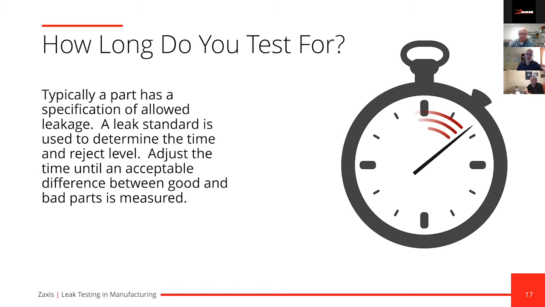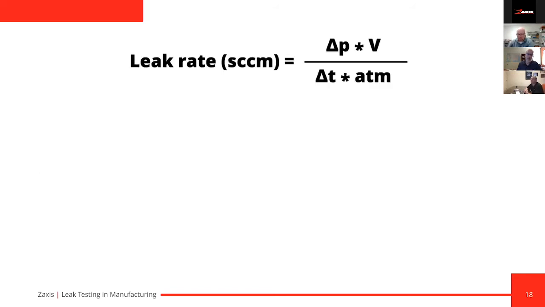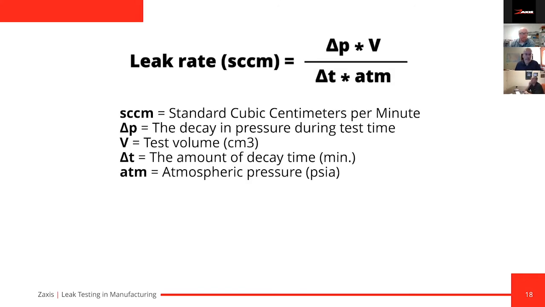To help us understand leak rate, we look here at the screen. Delta P is the decay in pressure, V is the volume, delta T is the test time. That's just the time during the test, not fill and settle. So it's just the test time, and then atmospheric pressure. If we take this equation, we can convert that decay in pressure into a volumetric cc per minute.